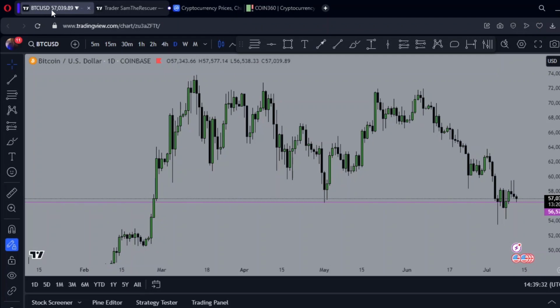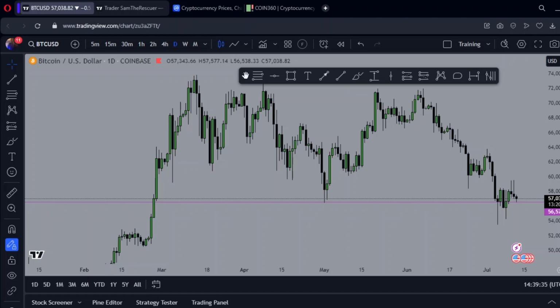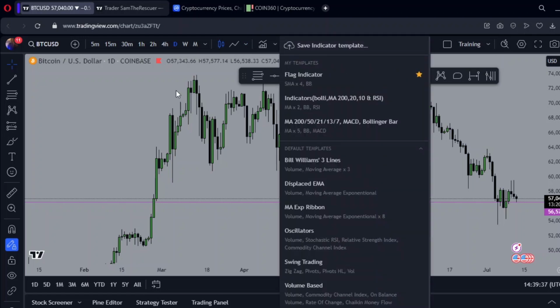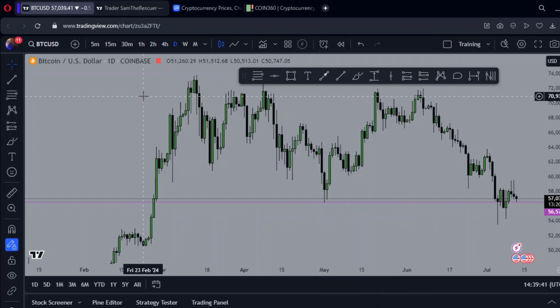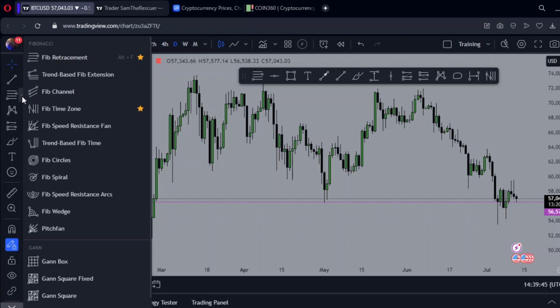Talking about indicators in TradingView, there are many indicators like Fibonacci, Elliott Wave, and yep, Gann. So indicators you'll find over here. These are pre-made, and mostly I use the Fibonacci.